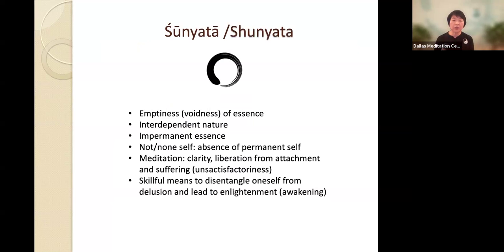And that leads to not-self or non-self, the absence of a permanent self. I have another slide that will give you more explanation of what non-self is.